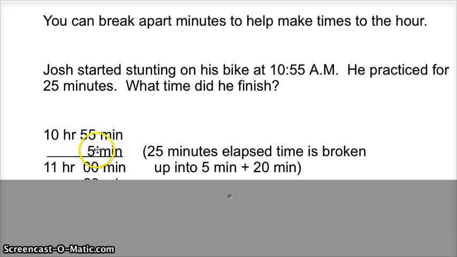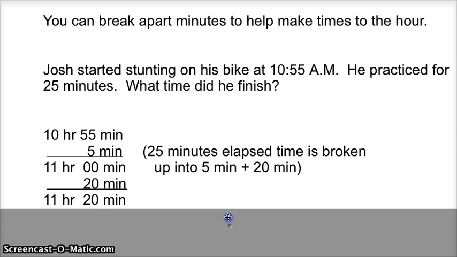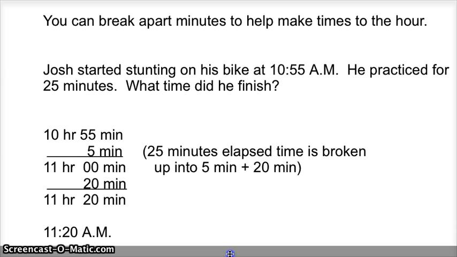I'll add the 5 minutes to 10:55, which will get me to 11 o'clock. And then I'll add the remaining 20 minutes, which would bring me to 11 hours and 20 minutes, which is 11:20. So Joshua finished at 11:20 a.m., 25 minutes later than 10:55 a.m.